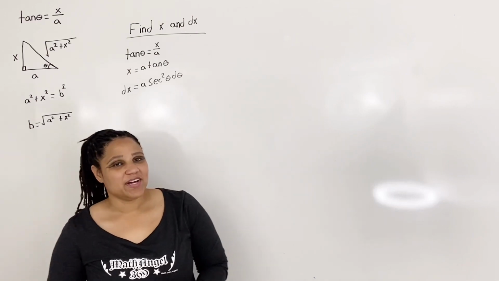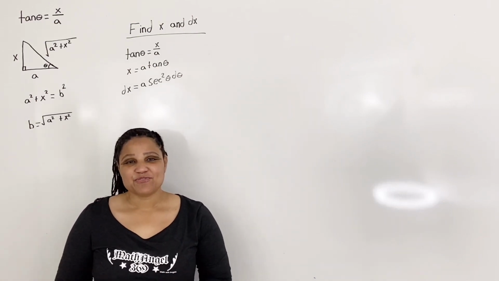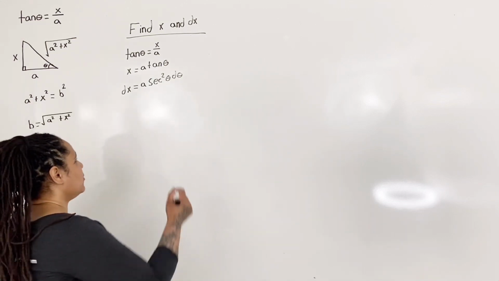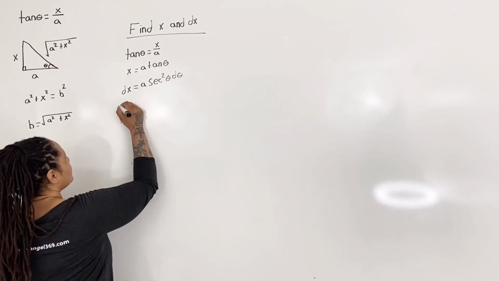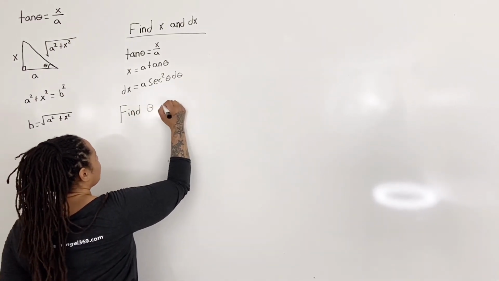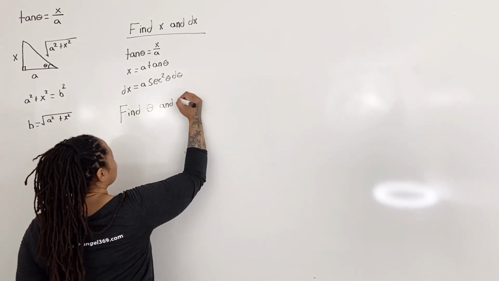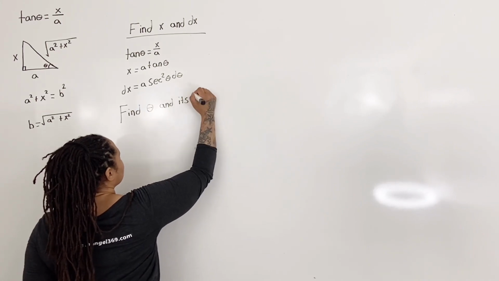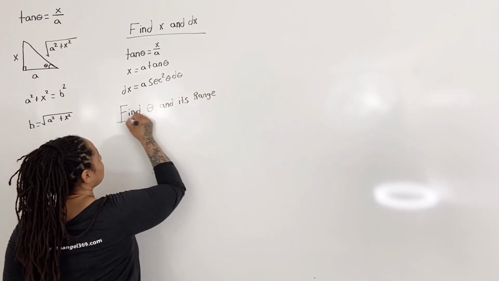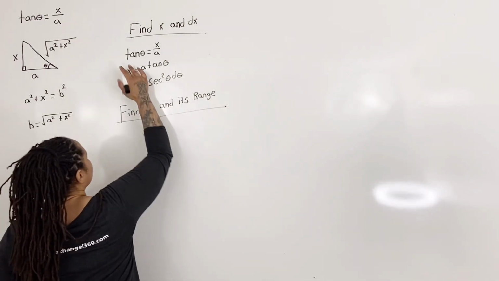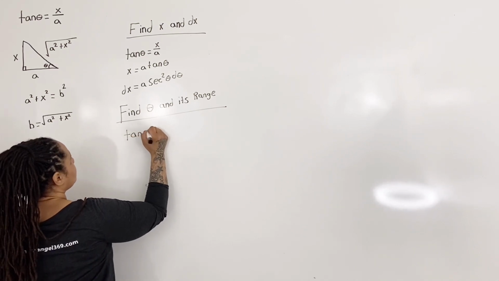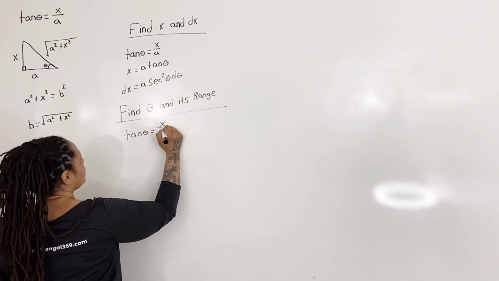Now what we want to do is find theta and its range. So again, we know that tan of theta is equal to x over a.